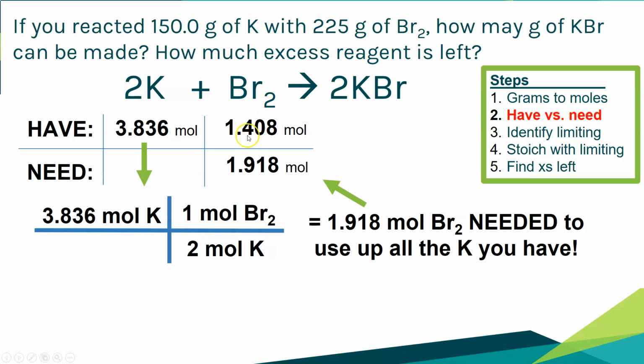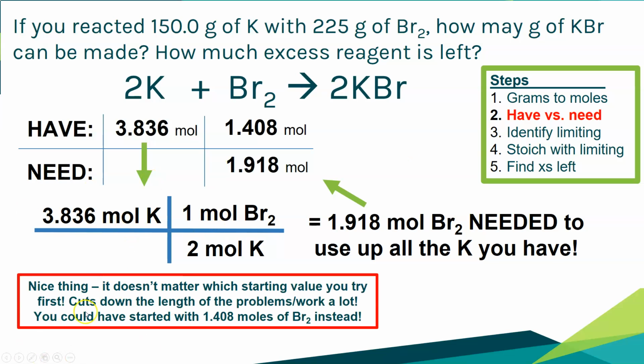That means I can use this part of the chart to figure out that bromine is limiting. Just a little note down here, it does not matter which starting value you use first, okay? The chart is just very valuable because we will sometimes come back and use other parts of these charts for later problems. So it doesn't matter which one you start with.